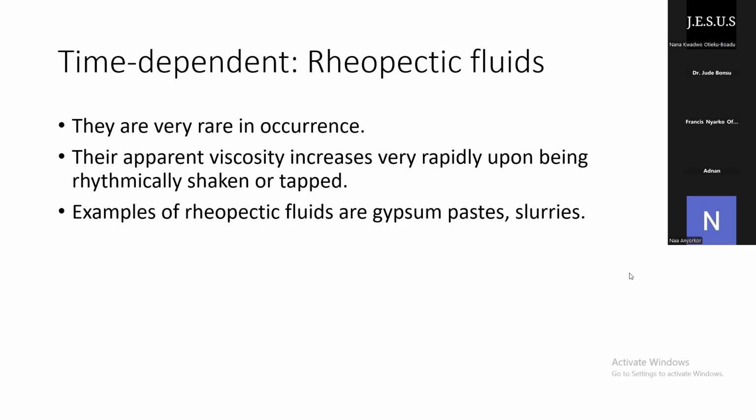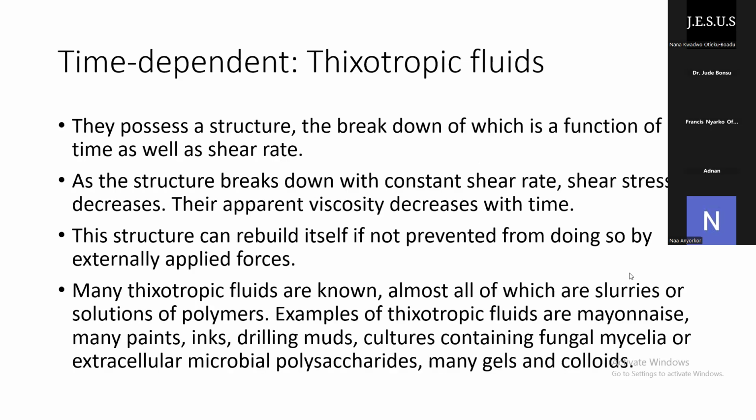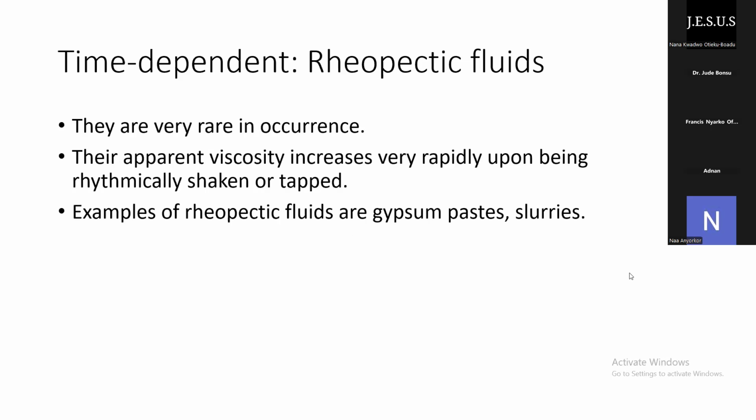If we are stirring something, and this also applies to the thixotropic, it doesn't necessarily have to remove the shear stress. The shear stress is still there, but as you apply the constant shear stress for a very long period of time, the viscosity tends to decrease, and that's thixotropic. For the rheopectic, the shear stress is still constant, but as it stays constant for a very long period of time, the fluid viscosity tends to increase. So that's the difference. Did you get it now?